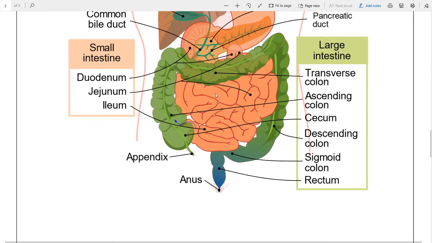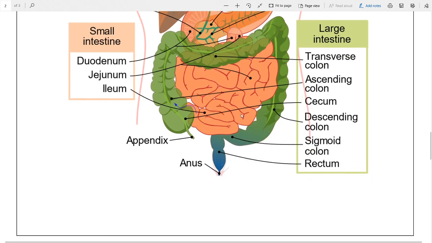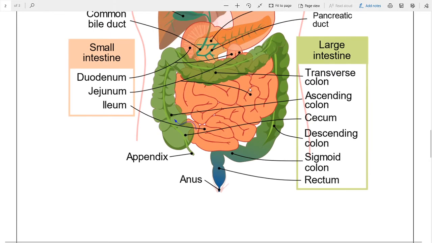So these finger-like projections are present in the small intestine as well as in the large intestine, but less in the large intestine, more in the small intestine. And the small intestine is 20 feet long. It's a very long structure for the complete digestion, and complete absorption of the nutrients takes place in the small intestine.